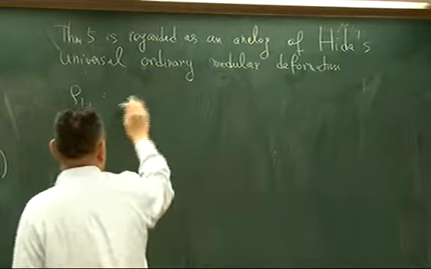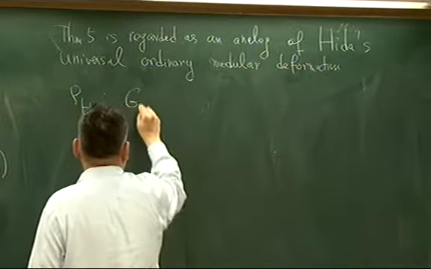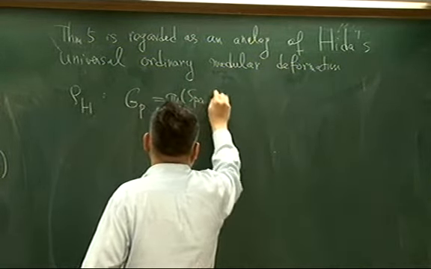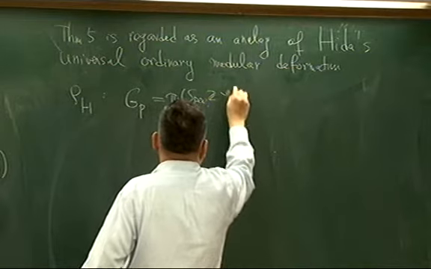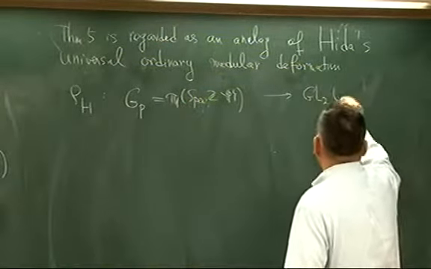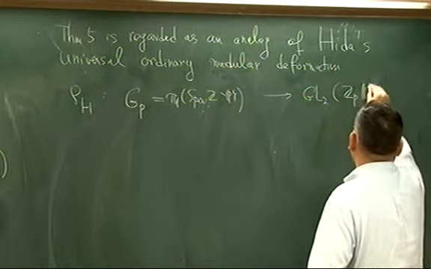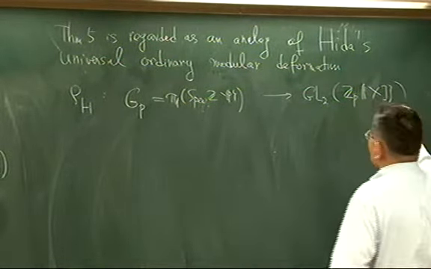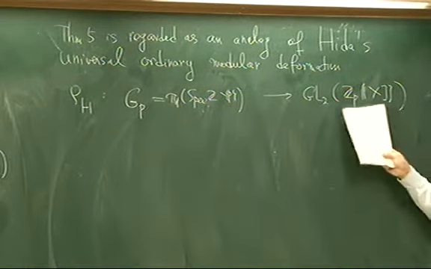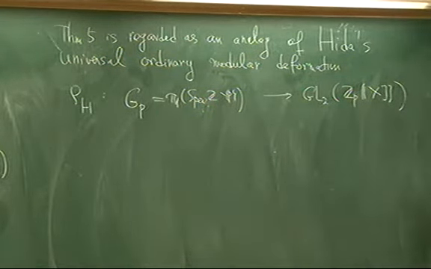In general it's a bit different. Often, G_Q, the profinite group pi_1 of Spec Z minus P, maps to GL2 of the formal power series ring over Z_p. In general, the universal ordinary deformation ring is not like this, but often becomes this.